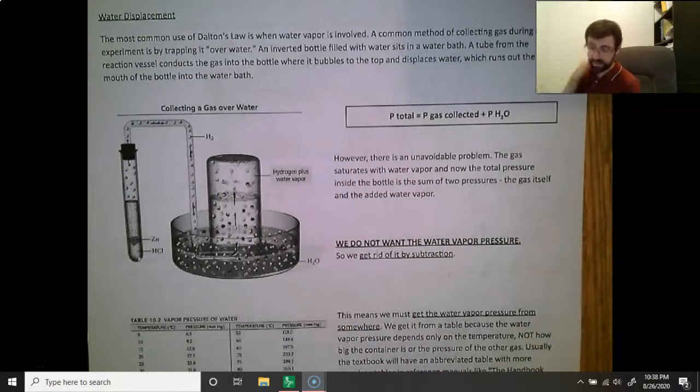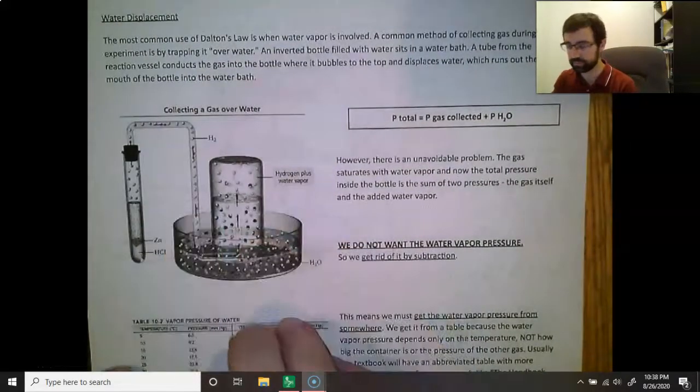The problem is, when you collect something over water, there's inevitably always going to be a little bit of water vapor in your sample, and we don't want to know the pressure of the mixture. We want to know the pressure of just the gas that was produced.